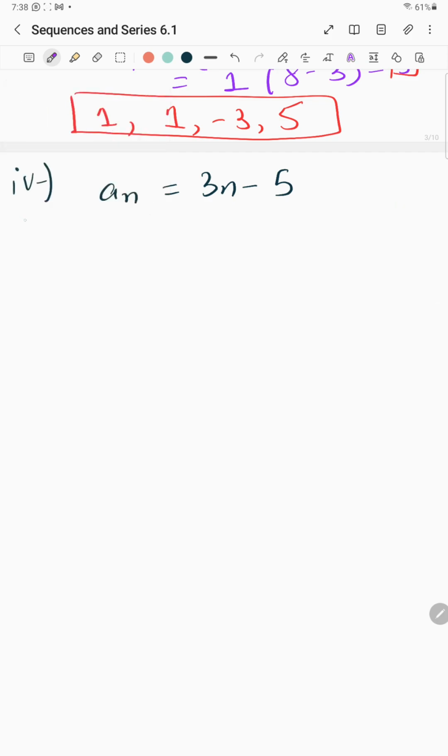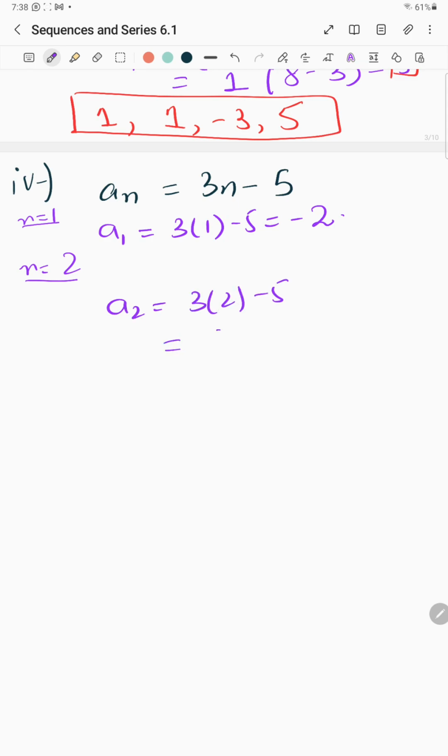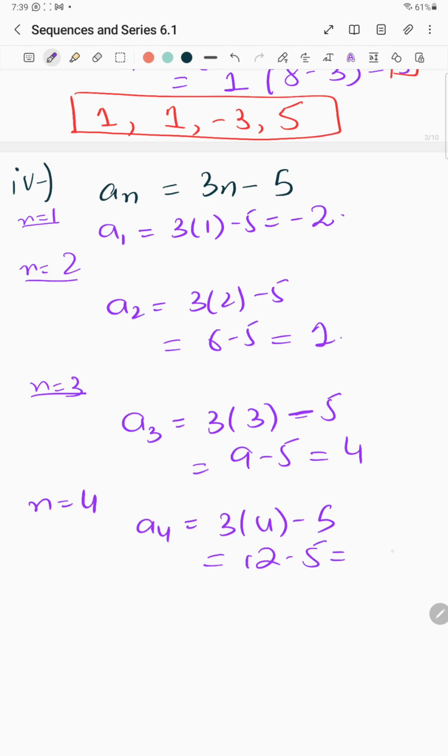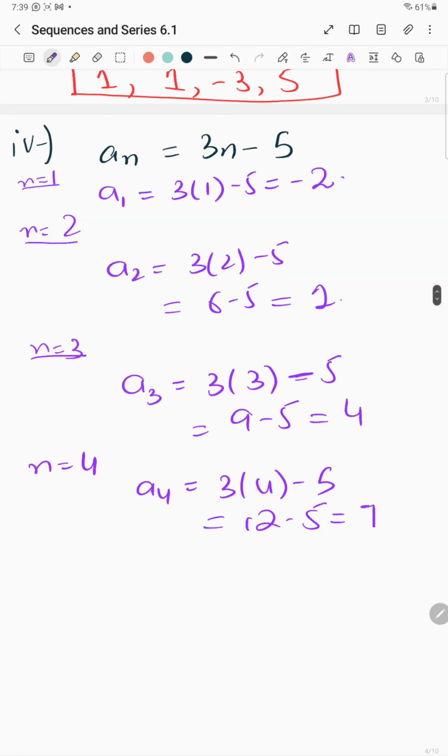Next, an is equal to 3n minus 5. So similarly for n is equal to 1, a1, 3 minus 5, which is equal to minus 2. N is equal to 2, a2, which is equal to 1. N is equal to 3, a3, n is equal to 4, a4, okay.